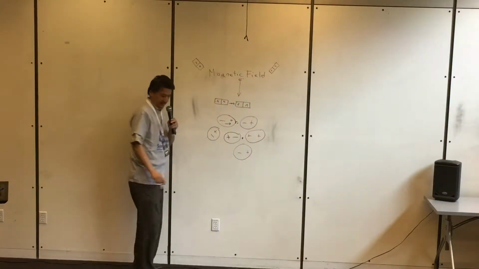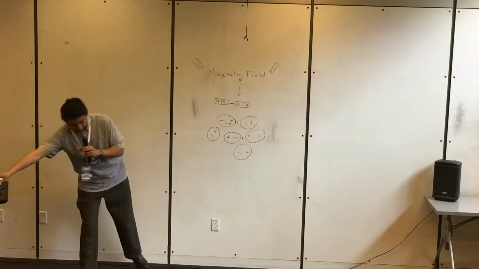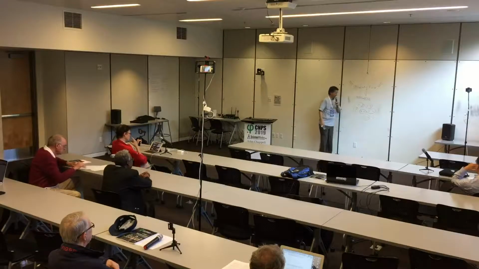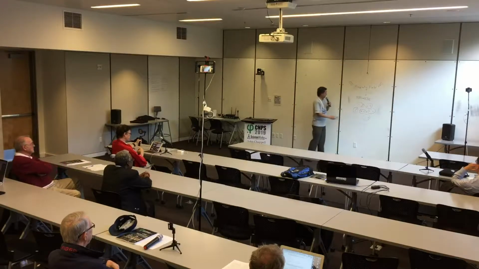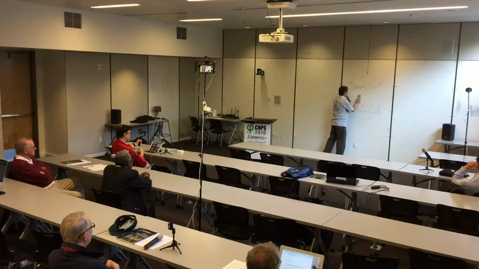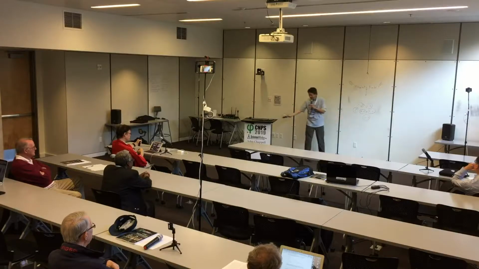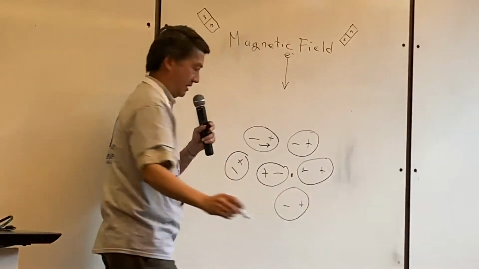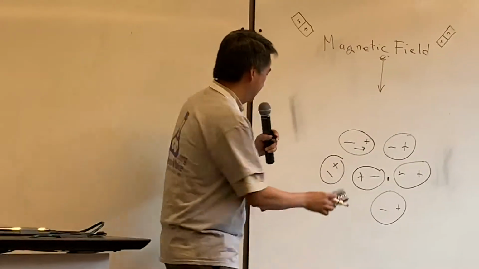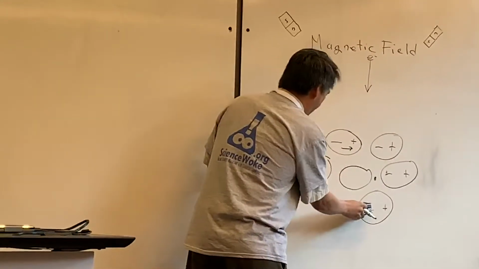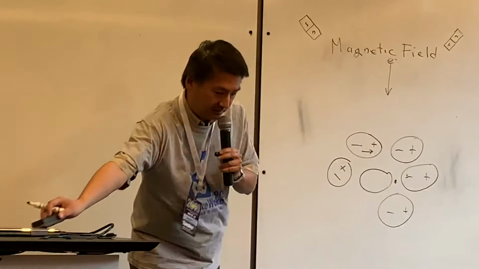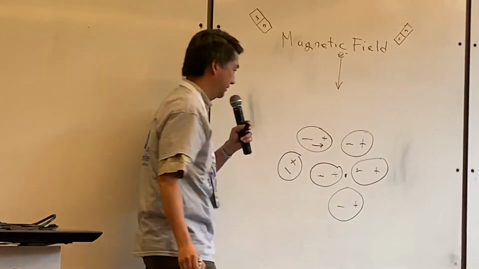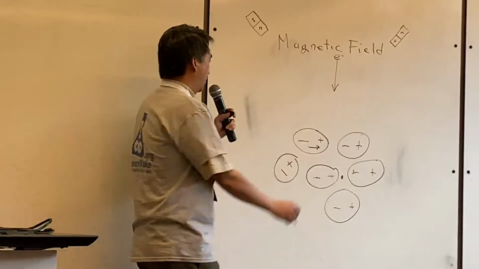So let's take now the case of a moving charge, okay? Let's say it's coming down from this side of the screen, and I need to align my magnetic field so that everything is in fact aligned. So I'm going to put all the pluses on one side, all the minuses on another. So what's going to happen?